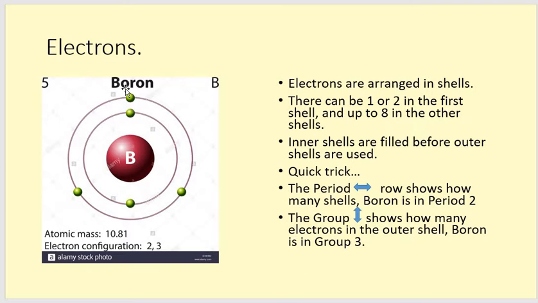So check again: period 2, so it's got 2 shells. Group 3, so it's got 3 electrons in the outer shell. Nice neat trick, that one. If you need to write the notes on period and group, then you need to pause.